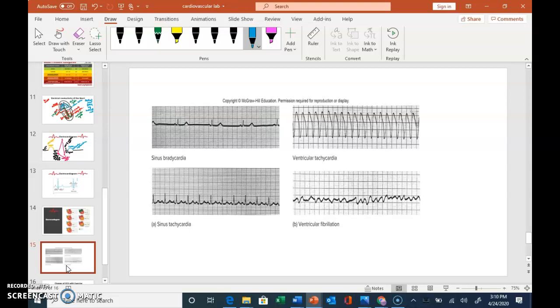Now know that both bradycardia and tachycardia can occur normally, and in case of many endurance trained athletes, for example, they have resting heart rates ranging from about 40 to 60 beats per minute.